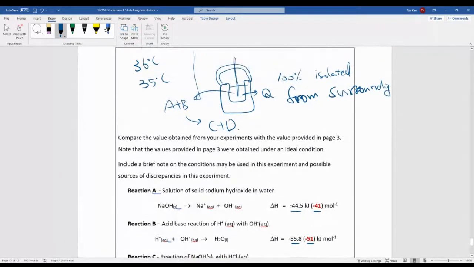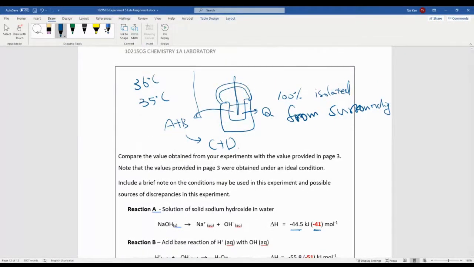So the correct answer should be: your calorimeter could not provide 100% isolation from the surroundings. The temperature over here was about 25 degrees Celsius, right? And then the heat was generating. If it provides 100% isolation, when you reach the Tmax, it would be 36 degrees without any loss of heat.